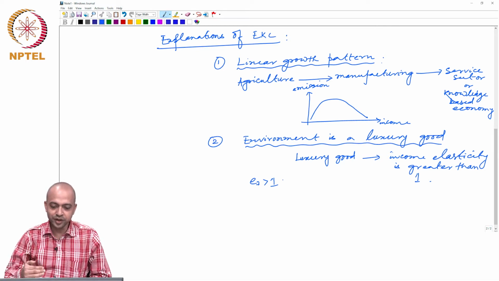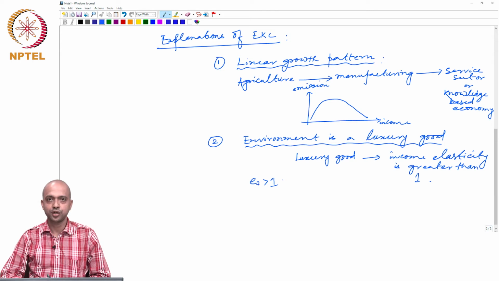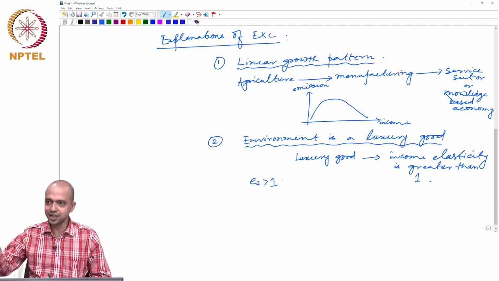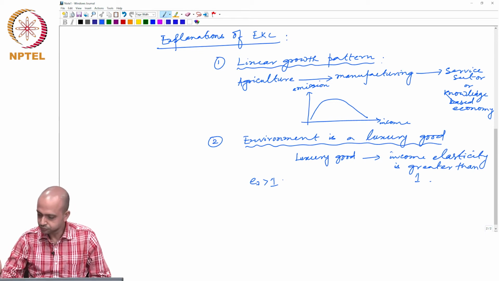Environment is basically a luxury good. At lower levels of income, we have less demand for cleaner products and services. At higher levels of income, we care more and more about the cleanliness of the environment, and that explains this inverted U-shape relationship. This is the second explanation.